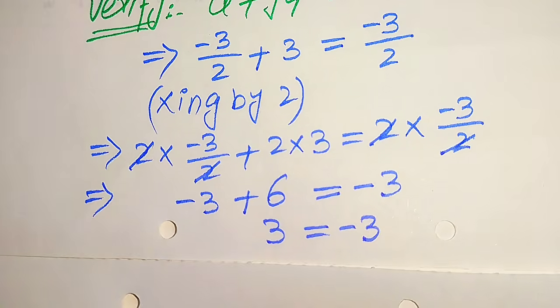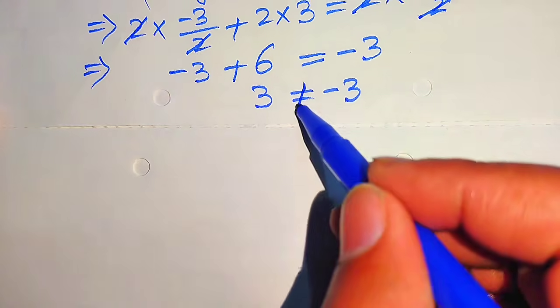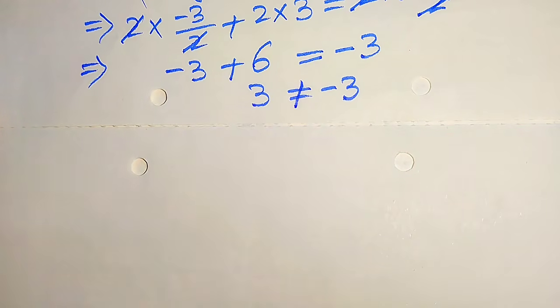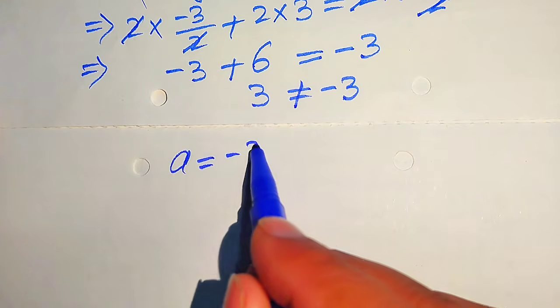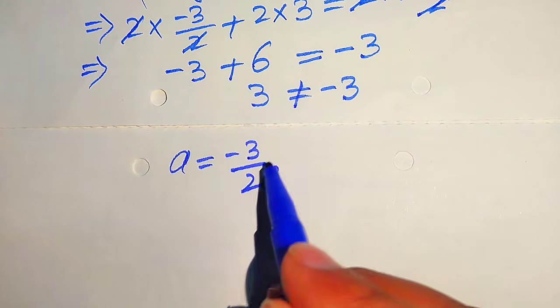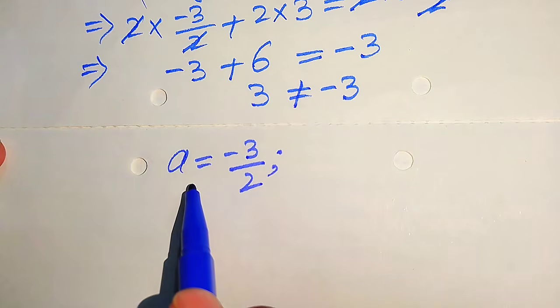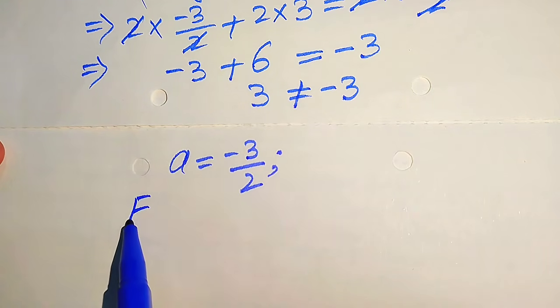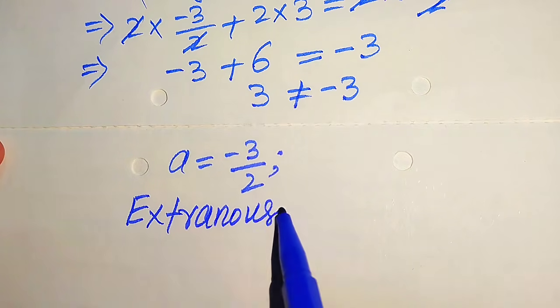This means that both sides are not equal. If both sides are not equal, this means that the value a equals minus 3 over 2 does not satisfy our given question statement. So we call that a equals minus 3 over 2 the extraneous root of the given equation.